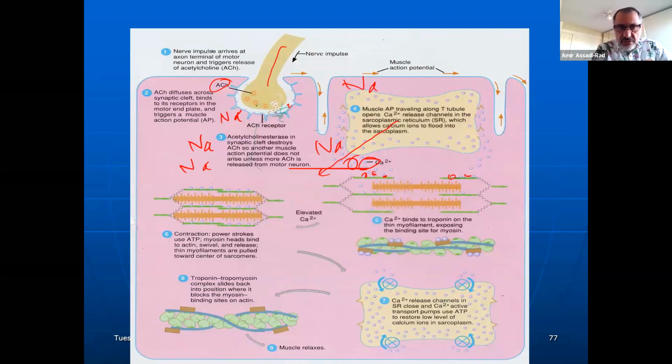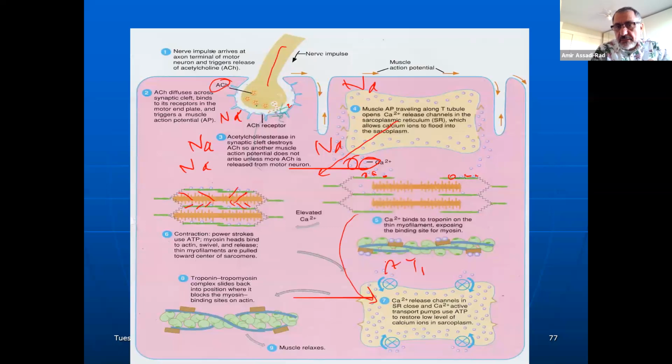Then the head of the myosin attaches, and of course, they bring them together, release, bring them together, release, bring them together, release. And then what happens? The muscle contracts. At the end, all of this calcium must go back into the sarcoplasmic reticulum, for which ATP is needed again.